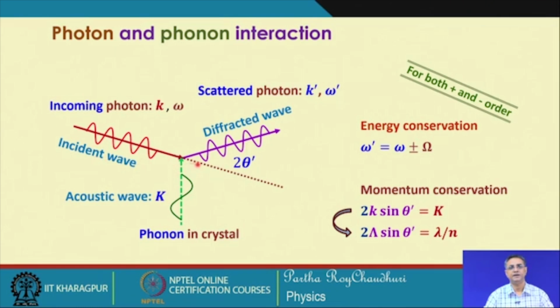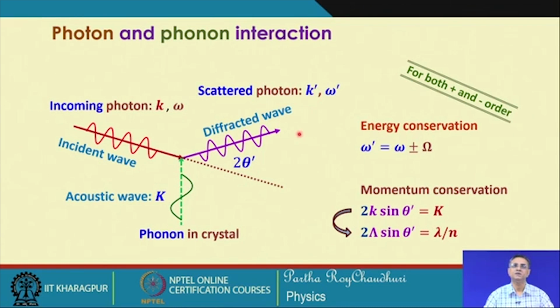So, from this side, this component of momentum and this component of momentum will be conserved, and we will see the sin theta component. So, this component on either side, for the incident and diffracted beam, will remain constant, and that gives you the Bragg condition.